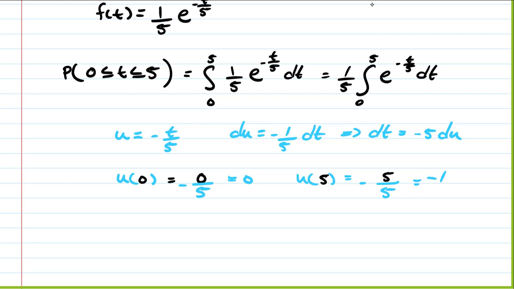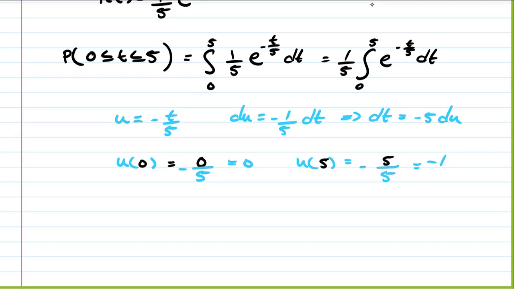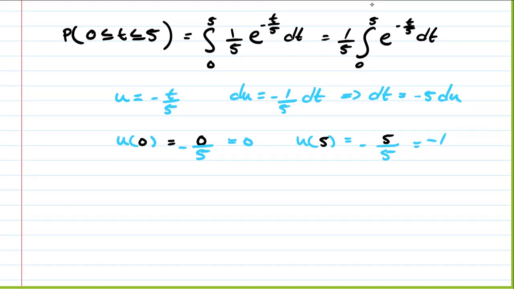Okay, so now our new integral becomes the integral, so our 1/5 comes along for the ride. Our new lower limit of integration is 0. Our upper limit of integration is negative 1. We have e raised to the u, and our dt is the same as negative 5 du.